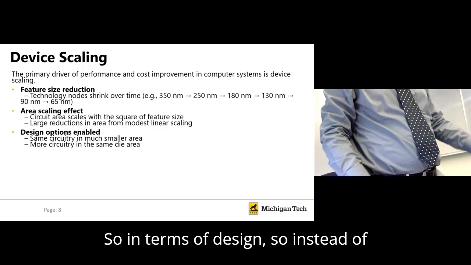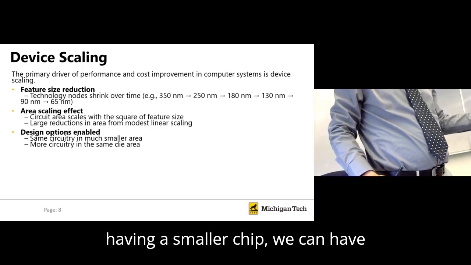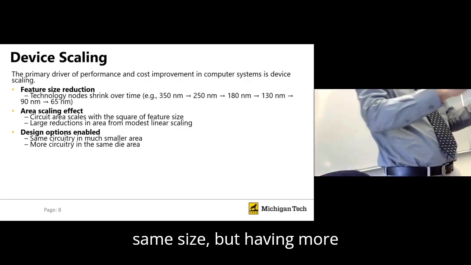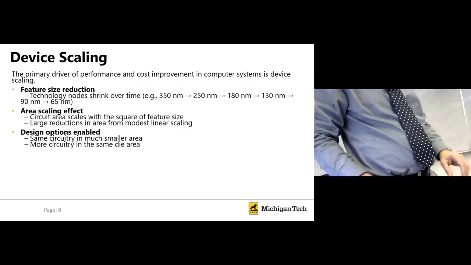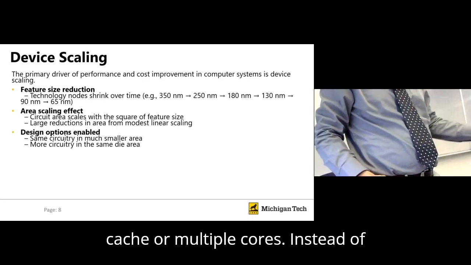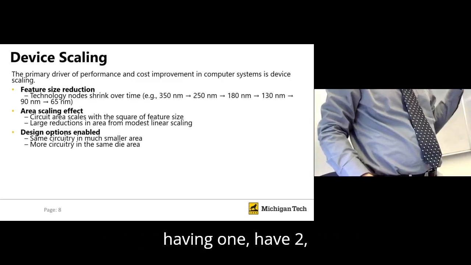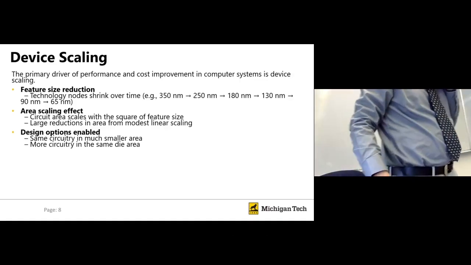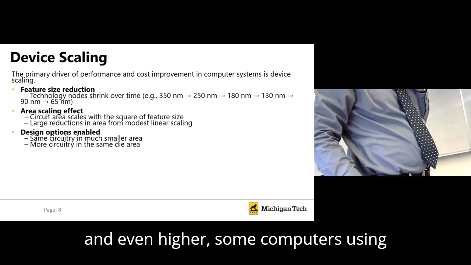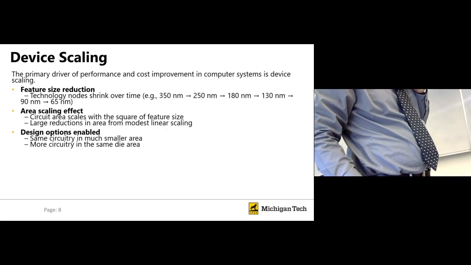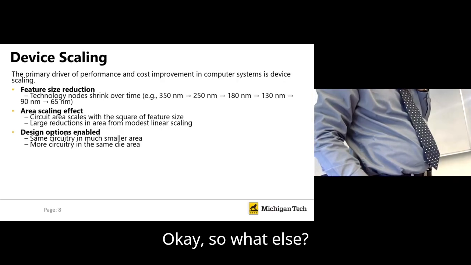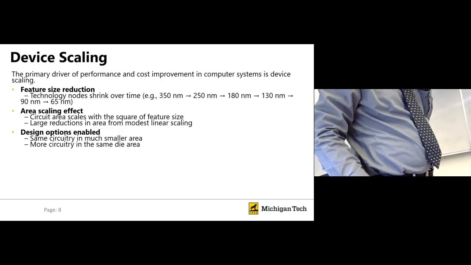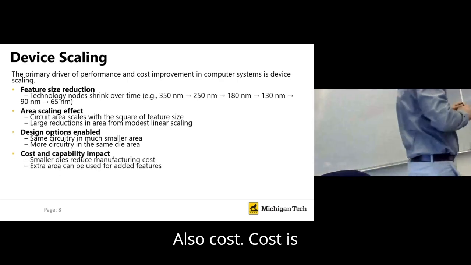So in terms of design, instead of having a smaller chip, we can have the same size, but with more cache or multiple cores. Instead of having one, have 2, 4, 8, 16, and even higher. Some computers use even more. Okay, so what else? Also cost.